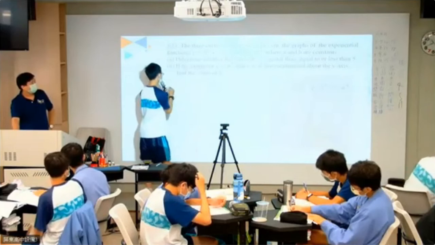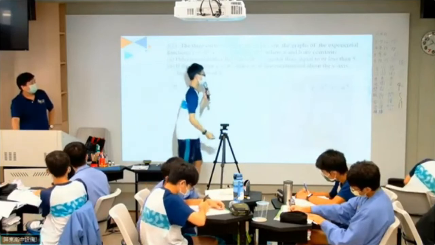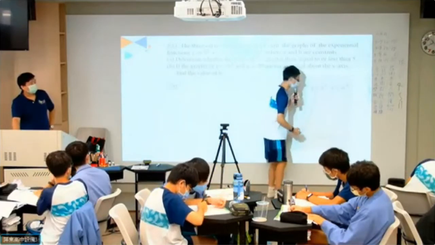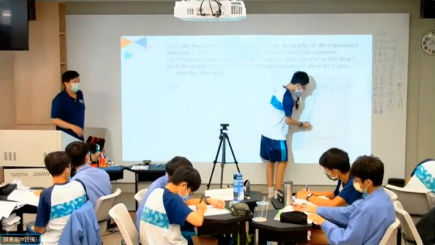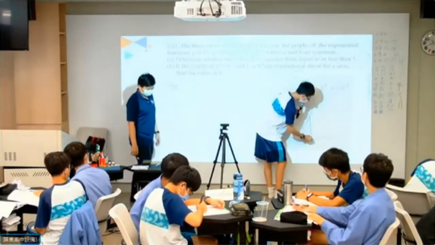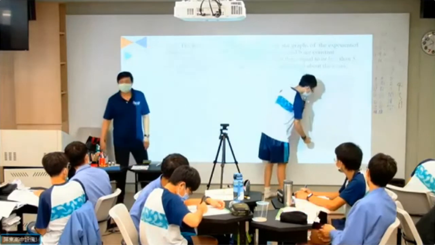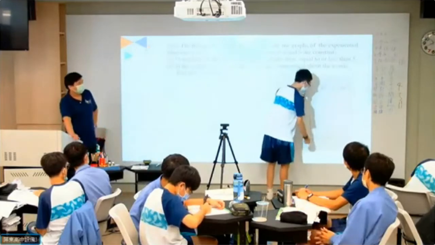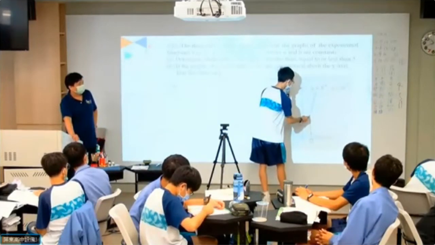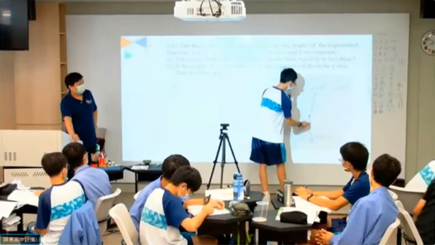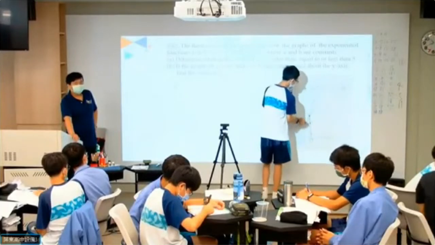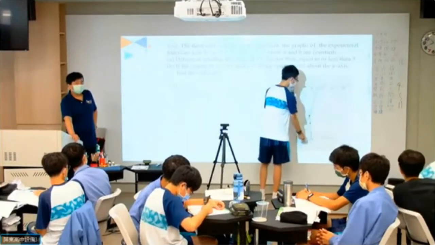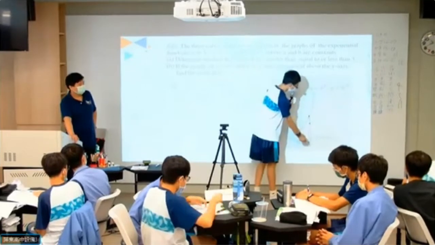And the value of a, if we draw a line here, this is a number, and this is the green line. And so the same number on the x-axis.